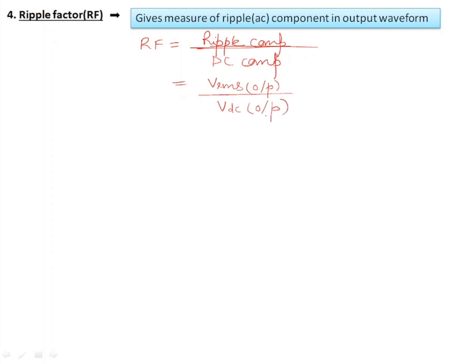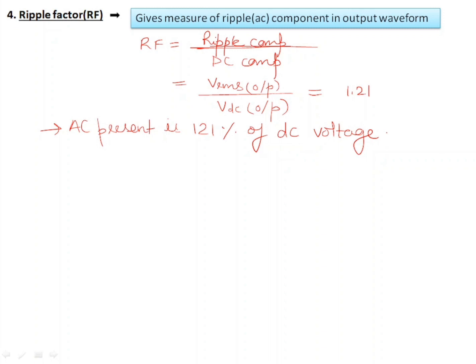Look, efficiency was defined for power, but ripple factor is defined for voltage. This is the difference, and this comes out to be 1.21. It means the AC present is 121% of the DC voltage, which is obviously more than 100%. Again, this is not desirable.